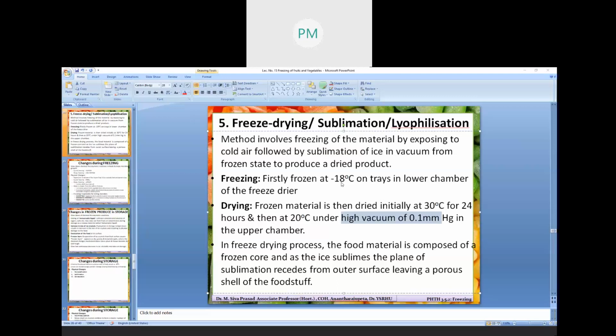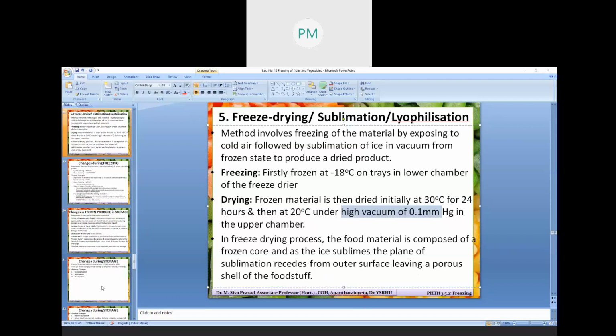That will be conducted by exposing it to high vacuum or low pressure, that is 0.1 mmHg. At this low pressure, the temperature required is 30 degrees or 20 degrees. Your solid ice will be converted into vapor, which is called sublimation. I hope you understood, right?